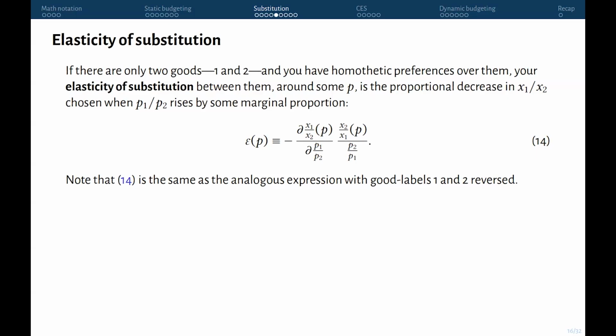And we can define this concept, the elasticity of substitution for you between them, around some price vector P, the vector here just having two elements, of course, is the proportional decrease in your demand ratio, here defined with one on top, that you choose when good one gets more expensive relative to good two by some small proportion.